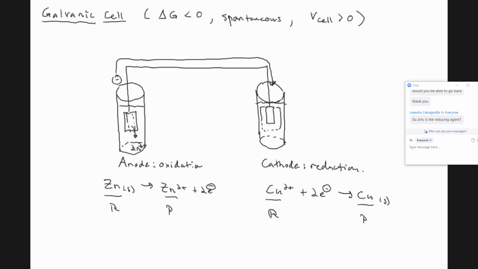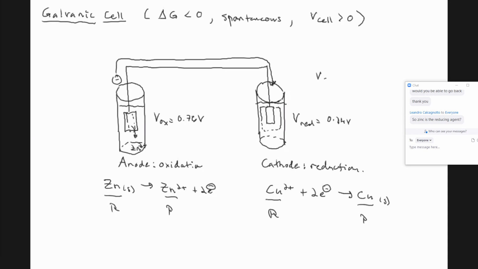So the cool thing about your galvanic cell, since it's spontaneous, is that the electric cell potential is positive, right? So if we look at the table that you guys have in your handout, that you can look at or download from the handouts section on our website through the portal, you'll see that zinc has an oxidation potential of 0.76 volts and copper has a reduction potential of 0.34 volts, right?